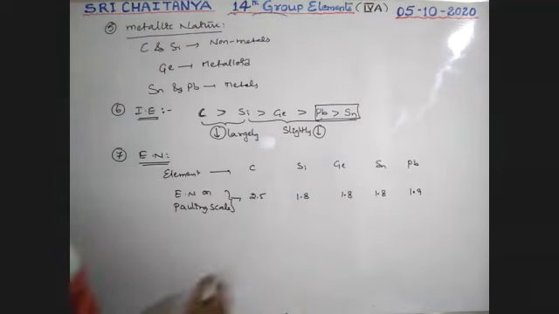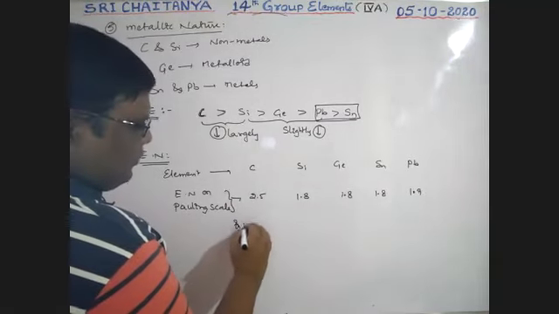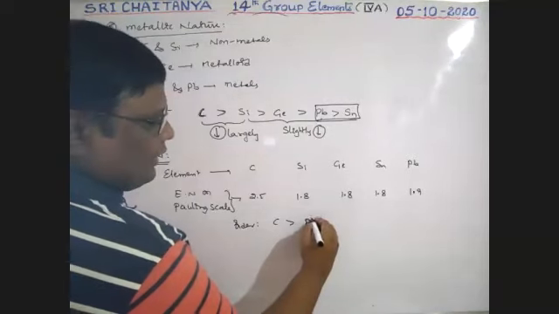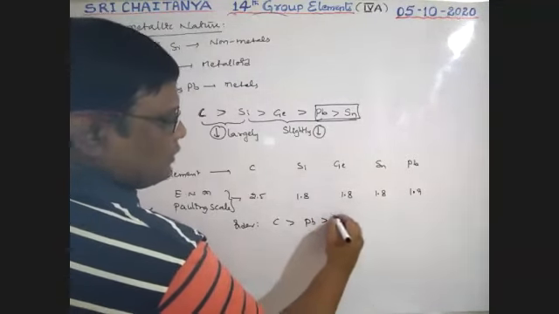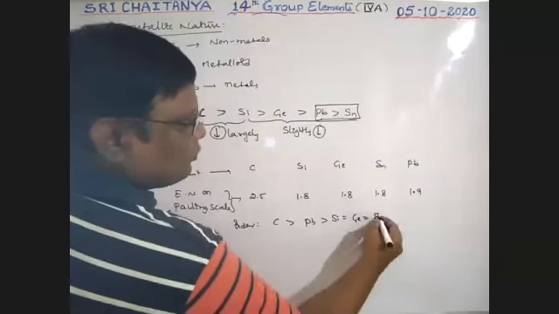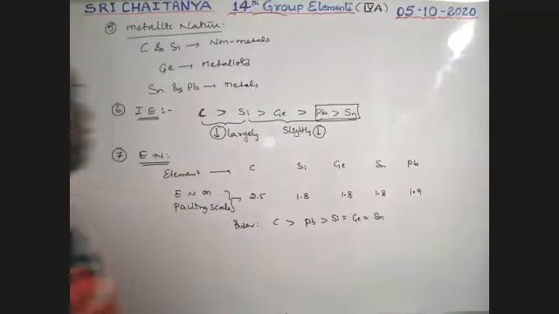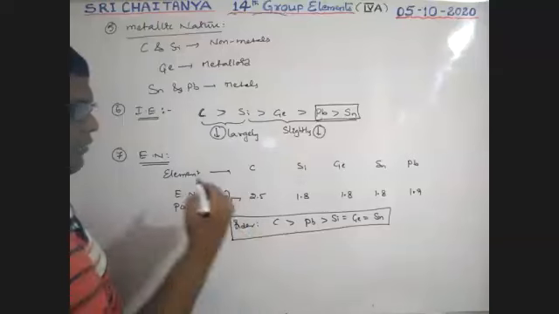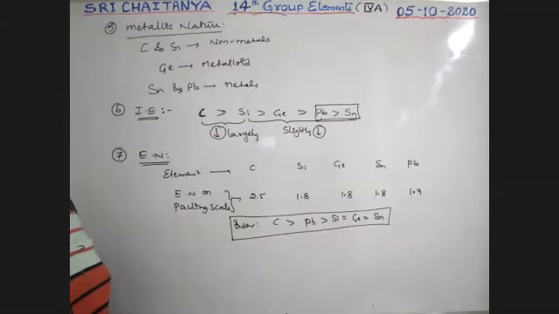So what we observe is the order: carbon is greater than lead, which is greater than silicon, which is equal to germanium, which is equal to tin. So this is the order of electronegativity, boys.